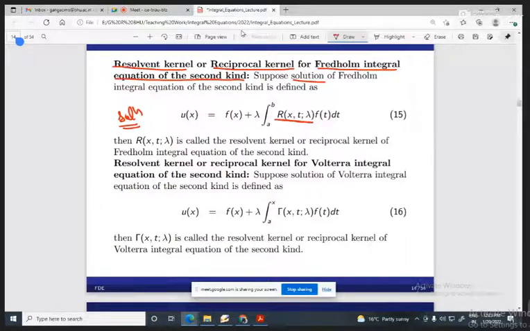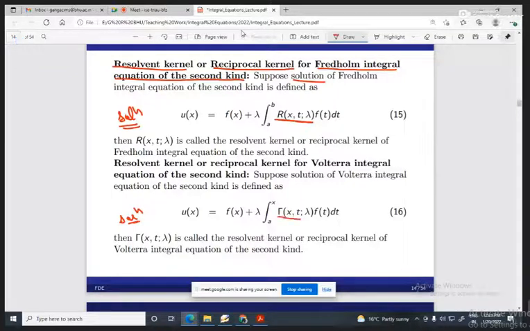Same here, we can define the resolvent kernel or reciprocal kernel for the Volterra integral equation of second kind. Again, suppose it is a solution of the Volterra integral equation of second kind: u(x) equals f(x) plus lambda integral from a to x, since it is Volterra, Gamma(x,t;lambda) f(t) dt.